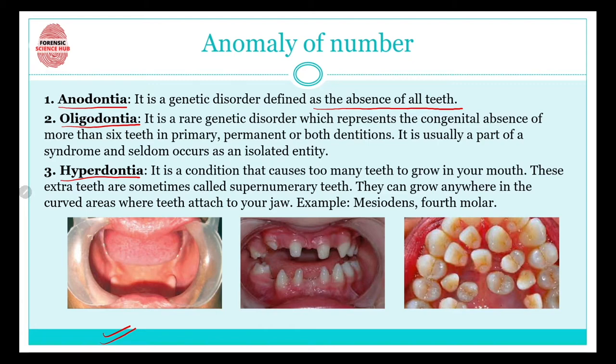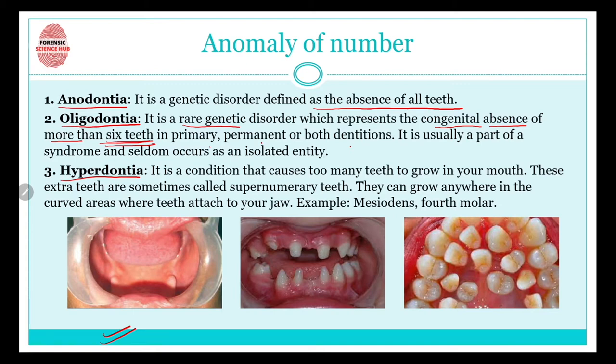Then comes oligodontia. Oligodontia is a rare genetic condition which represents the congenital absence of more than 6 teeth in primary, permanent or both the dentition. It is usually a part of syndrome and seldom occurs as an isolated entity.